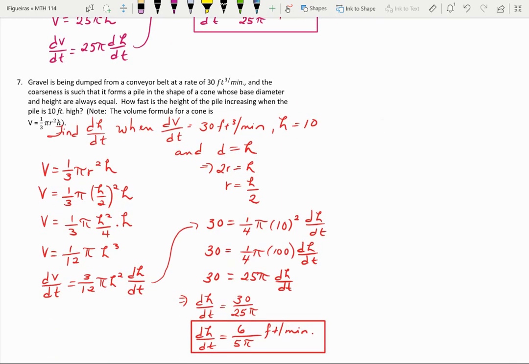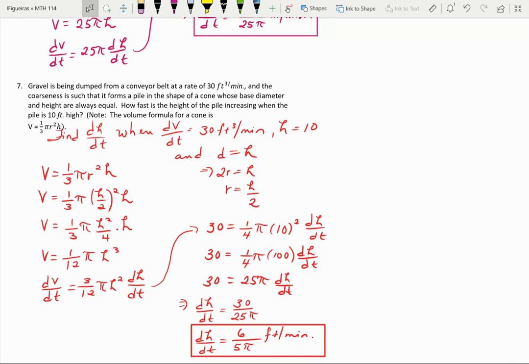Okay, here's another one. Gravel is being dumped from a conveyor belt at a rate of 30 feet cubed per minute. So hopefully by now you realize that this represents a derivative, and this will be a dV/dt. The unit of measure gives it away because of the feet cubed.